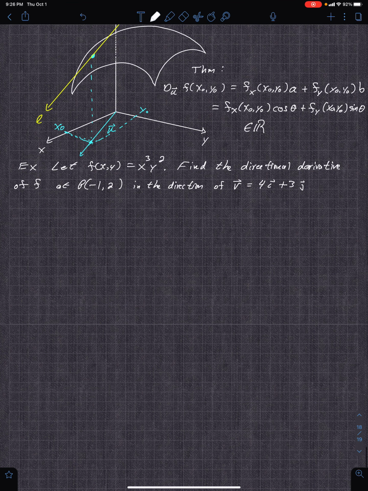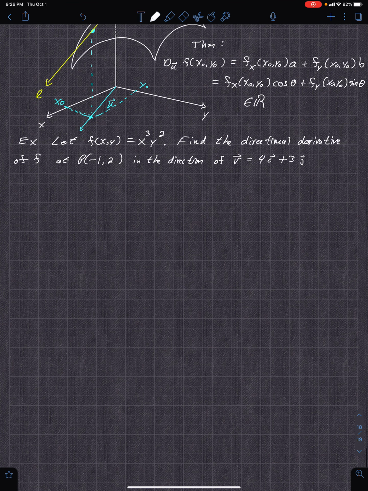So we're going to basically apply that theorem up there. We want the partials: fx is just 3x squared y squared, and fy will be 2x cubed y. Now, what do we have to do next?